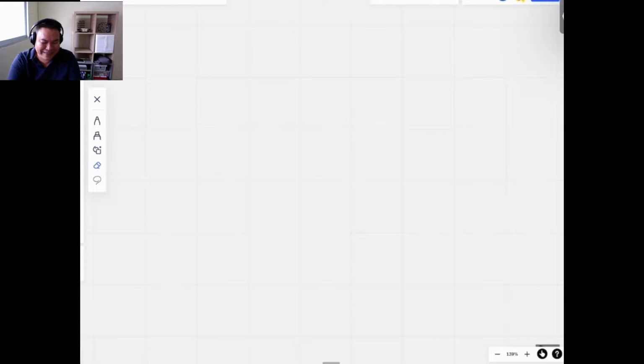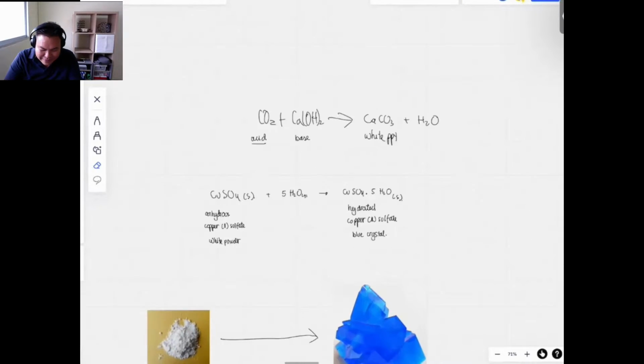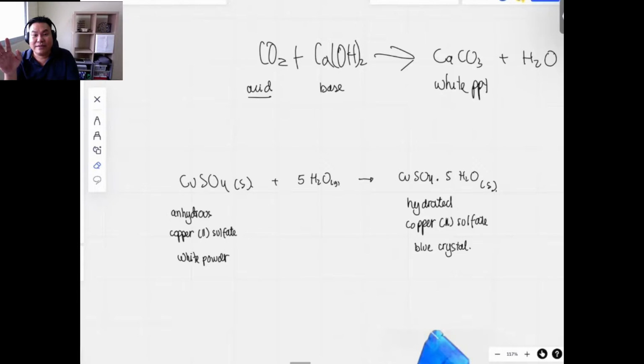Then test for water vapor. It turns into a blue crystal. Anhydrous copper(II) sulfate. Anhydrous means dry, it does not contain water.